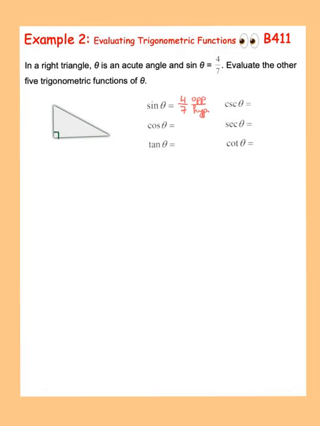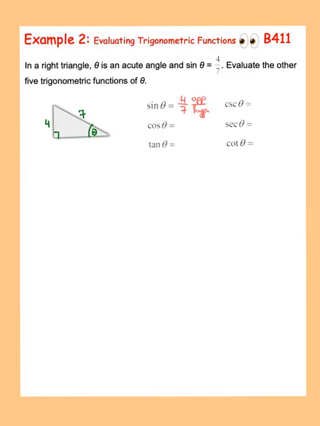So I know that the hypotenuse, which is the side opposite the right angle, is going to have a length of 7. And if I label theta for one of my angles, the side opposite to it is 4.